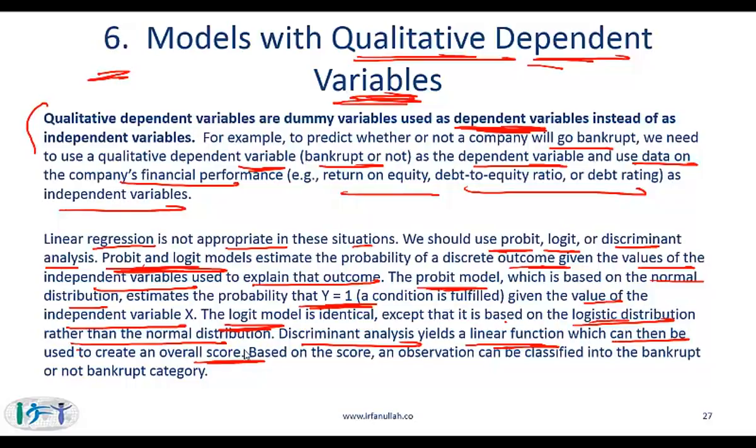So that z-score model is an example of a discriminant analysis where you make the prediction based on a score and the score is based on several variables. That is all you really need to know for section 6.